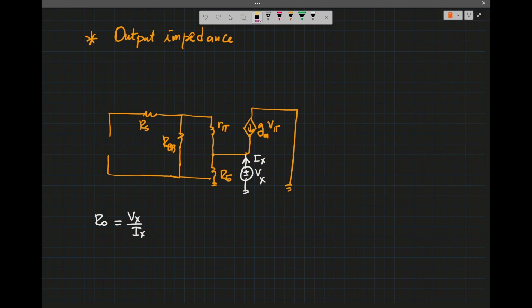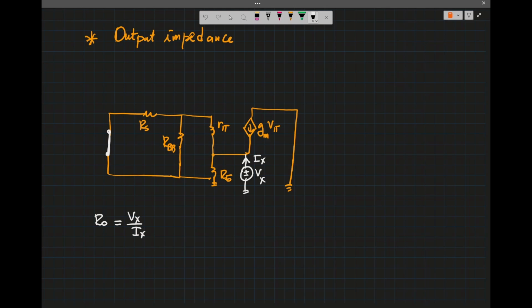Remember that when you place a test source at the output, you replace the input voltage Vs by a short. Here we have a very simple network that we can solve for that current Ix.